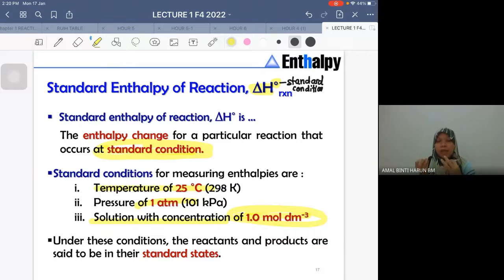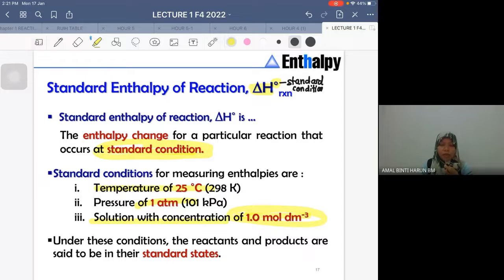dia sebagai standard enthalpy. Kalau kamu buat reaction dan kamu measure heat dia, so you dapat heat dia sekian-sekian amount, lepas tu you kata, this is the standard enthalpy of combustion. Tetapi you buat pada condition bukan 1 atm contohnya.